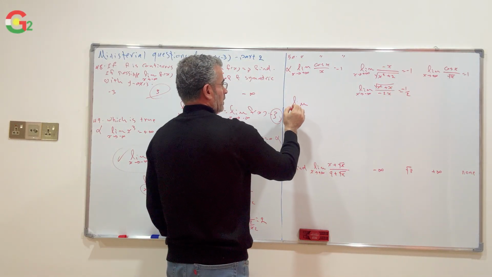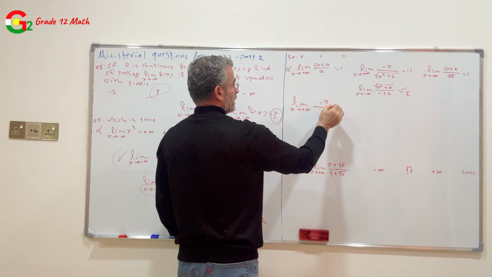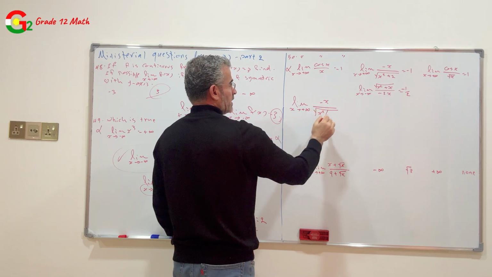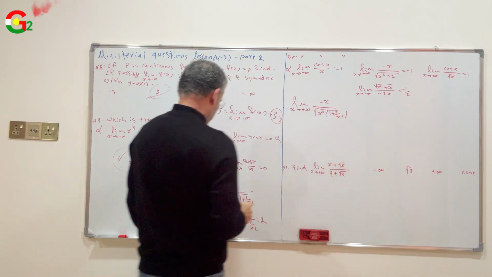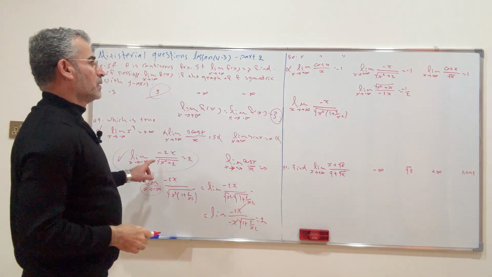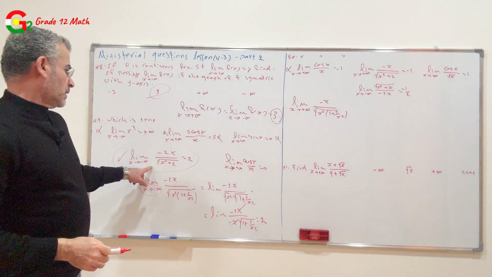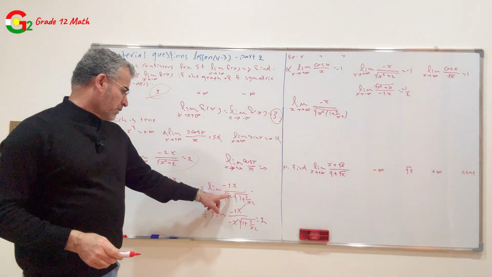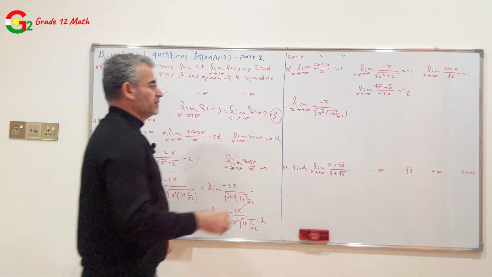It will be the limit as x approaches positive infinity of negative x over square root, factorizing x power 2, 1 plus 2 over x power 2. We solved it already in the previous question, but instead of square root x power 2 equal to negative x, we said x.